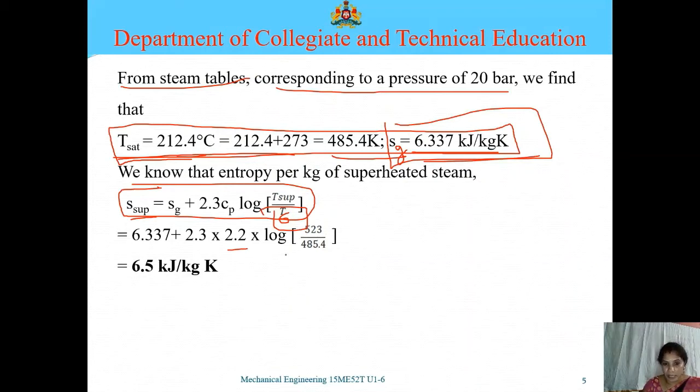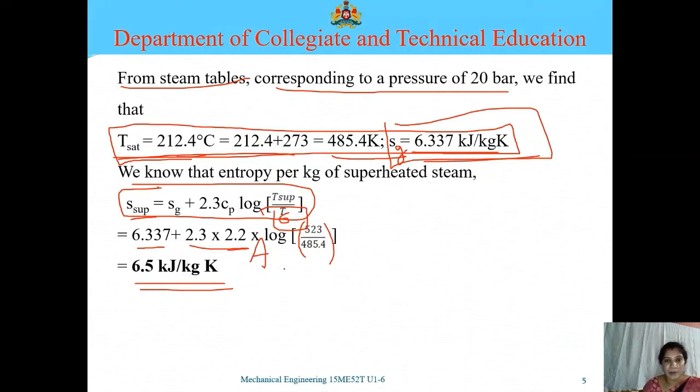So take out your calculator. For the log, you find out this value first, then you multiply with these two values and you get some answer, let us say A. Then you add this answer A to 6.337. The ultimate answer we get is 6.5 kilojoules per kg Kelvin.